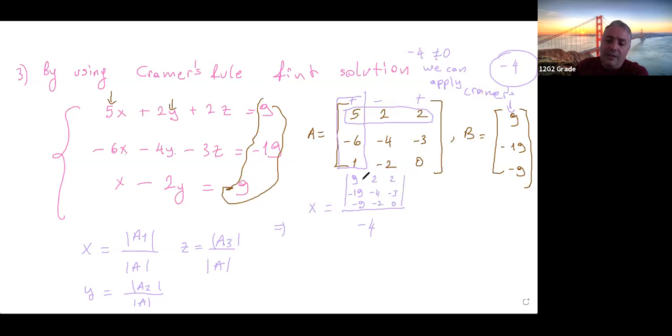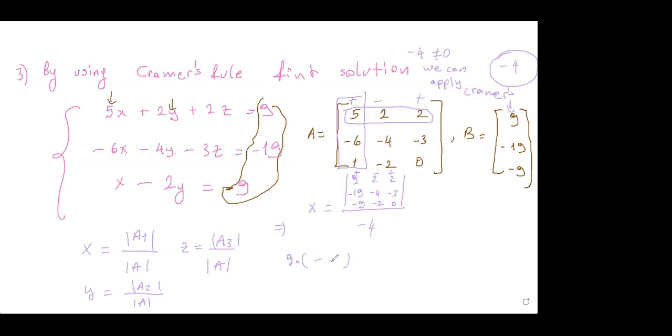And then we have to solve these determinants. Cramer's rule, unfortunately, is long, especially when the numbers are large. So let me expand with plus, minus, plus. 9 times, directly I will do it, close this, so 0, -3, -2, +6, but there is one negative.